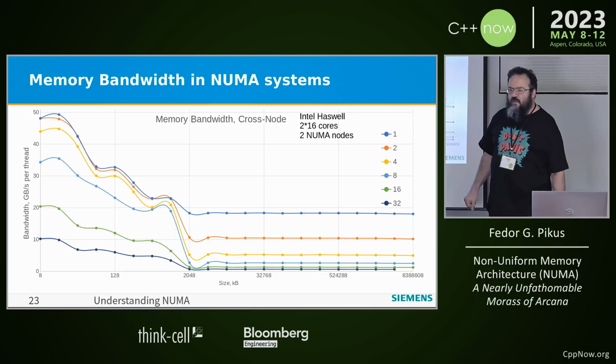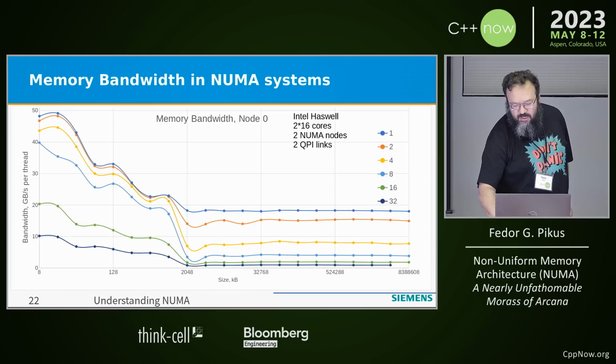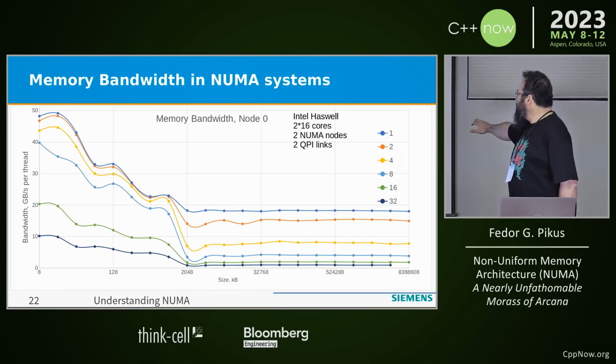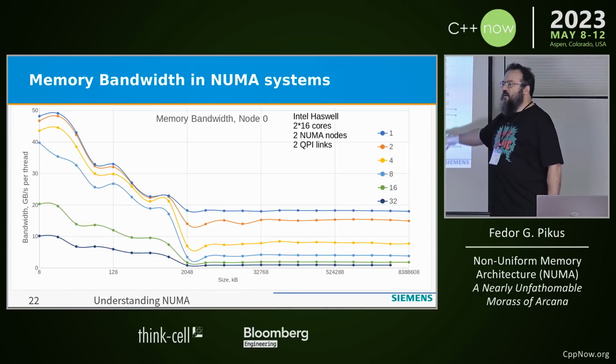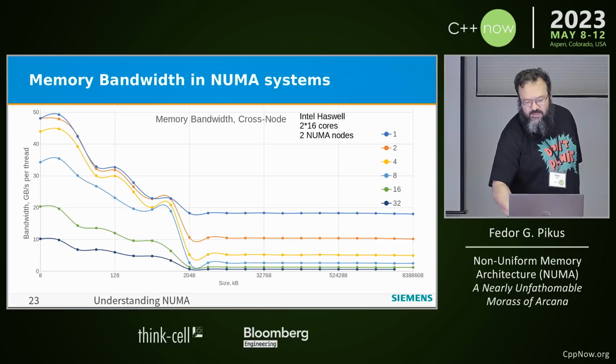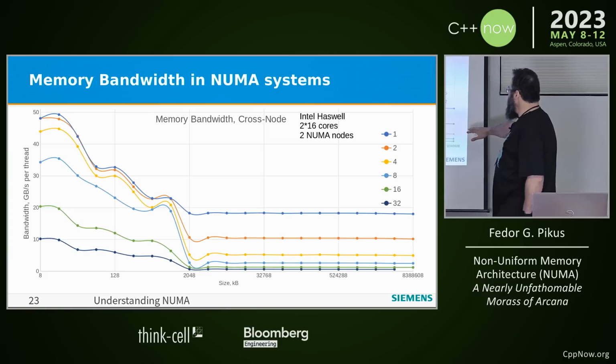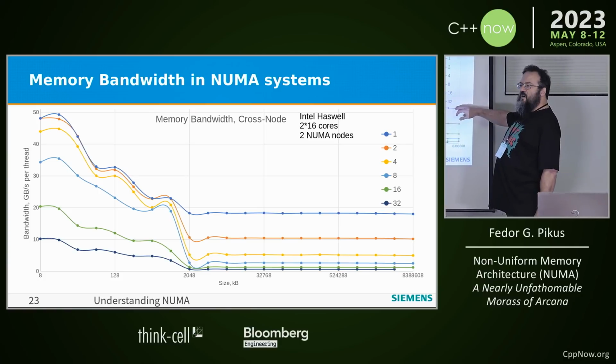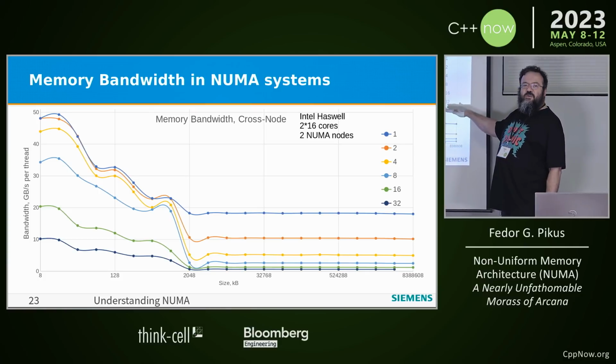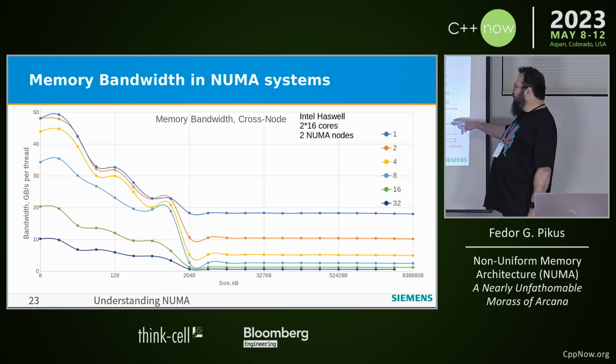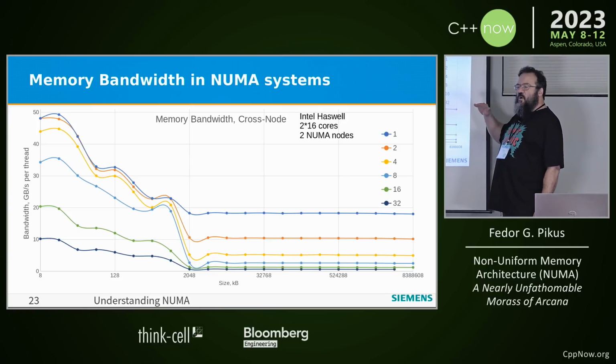For two threads, cross node is already worse. So for two threads on the same node, it's almost the same per thread. For two threads across, it's just a little more than half of the one thread, which means the cross node link is fast enough to supply one thread at saturation, and that's almost at the limit.